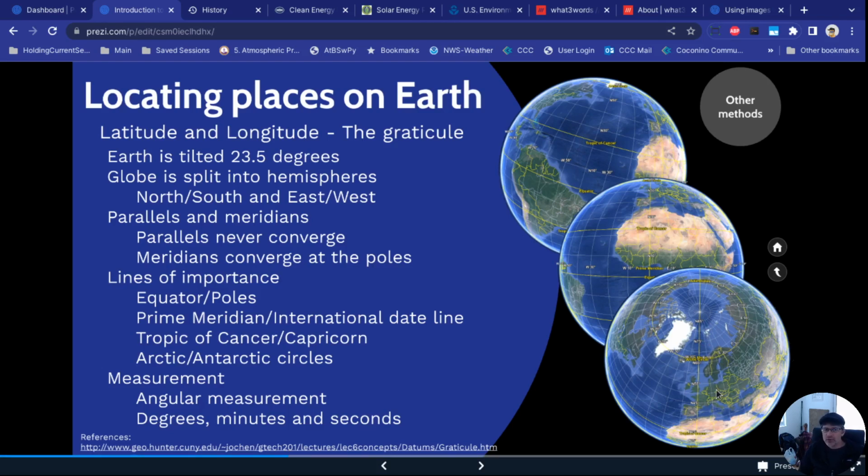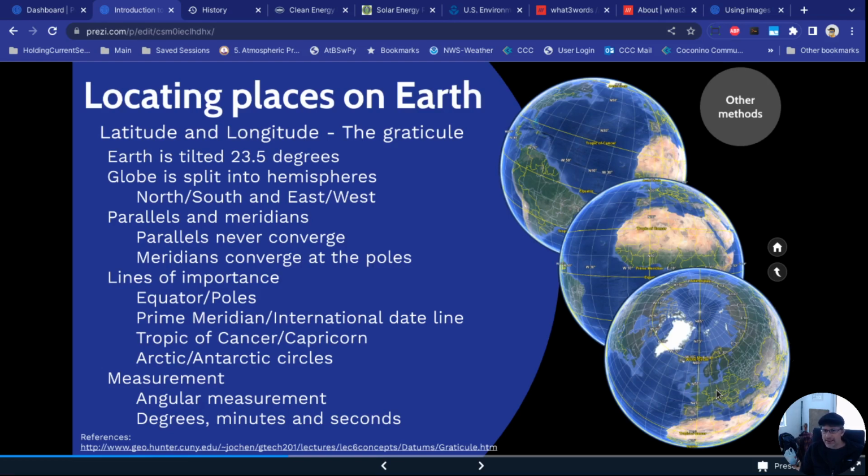Some other lines of importance are obviously the equator, which starts at 0 degrees latitude, and the prime meridian, which is 0 degrees longitude, and it runs right through Greenwich, England. It also is reflected on the international dateline, which runs through the middle of the Pacific Ocean on the other side of the globe.